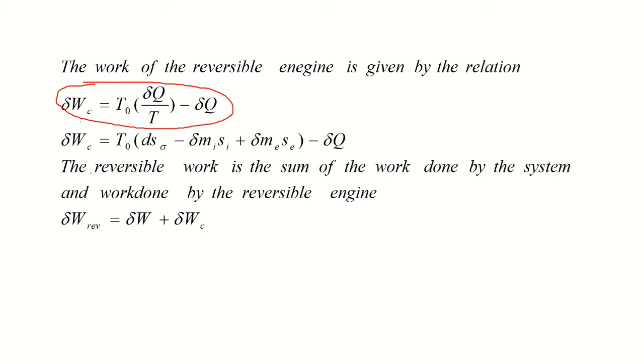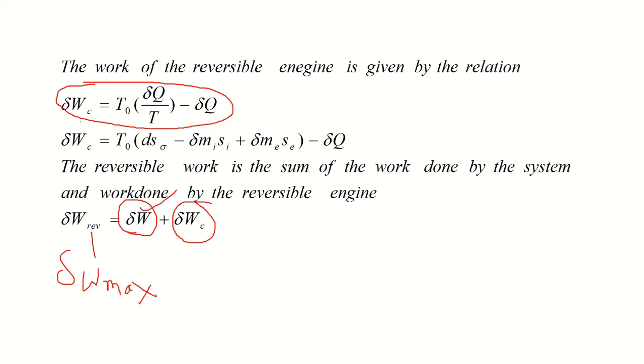Okay. So the reversible work is the sum of the work done by the system and the work done by the reversible engine. That is the maximum work. You can call this delta W reversible or delta W maximum. This is by the system. This is by the reversible engine which supplies the heat to the system reversibly.